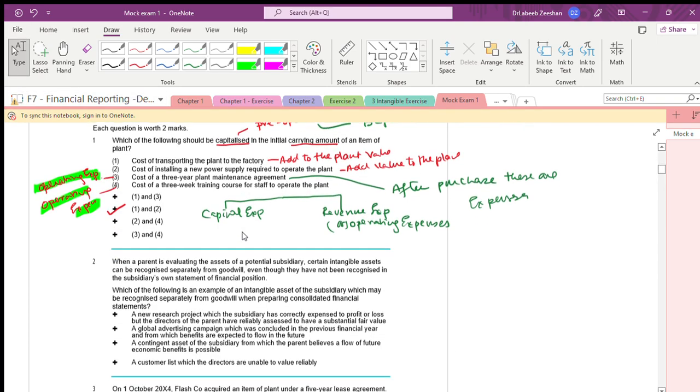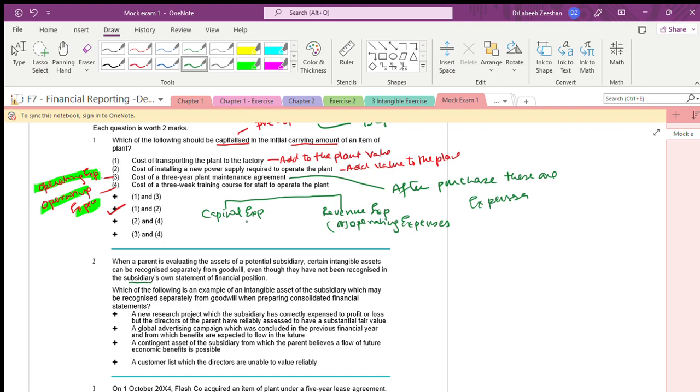Now, when a parent is evaluating the assets of a subsidiary, certain intangible assets can be recognized separately from goodwill, even though they have not been recognized in the financial statements of the subsidiary.